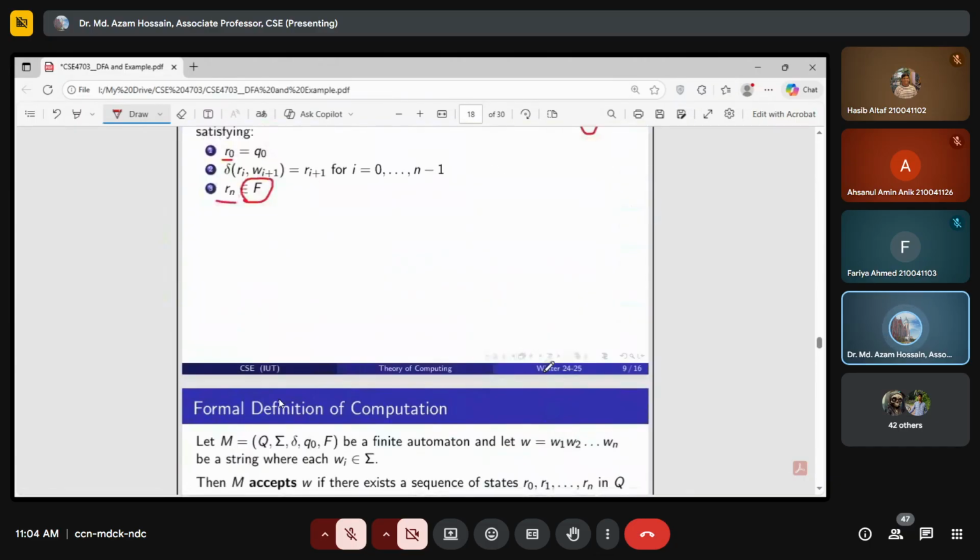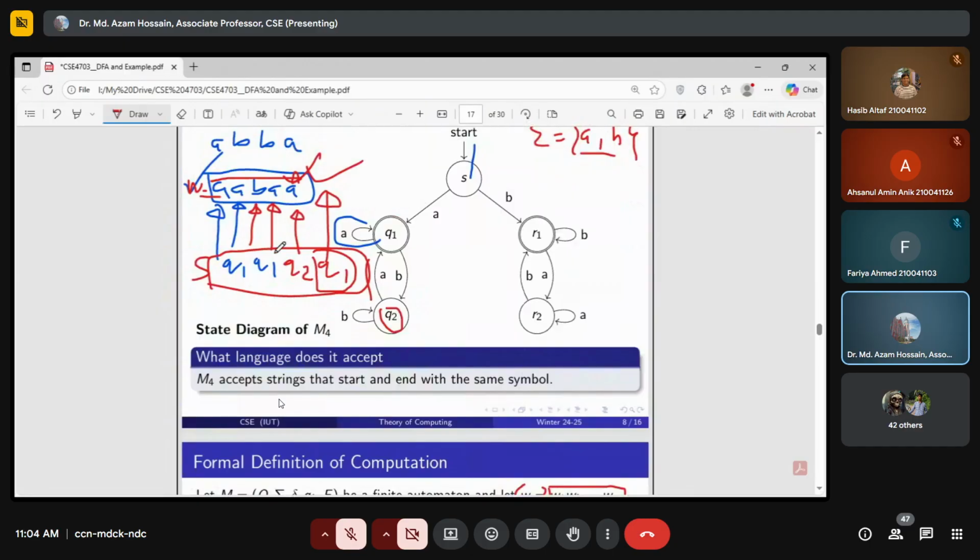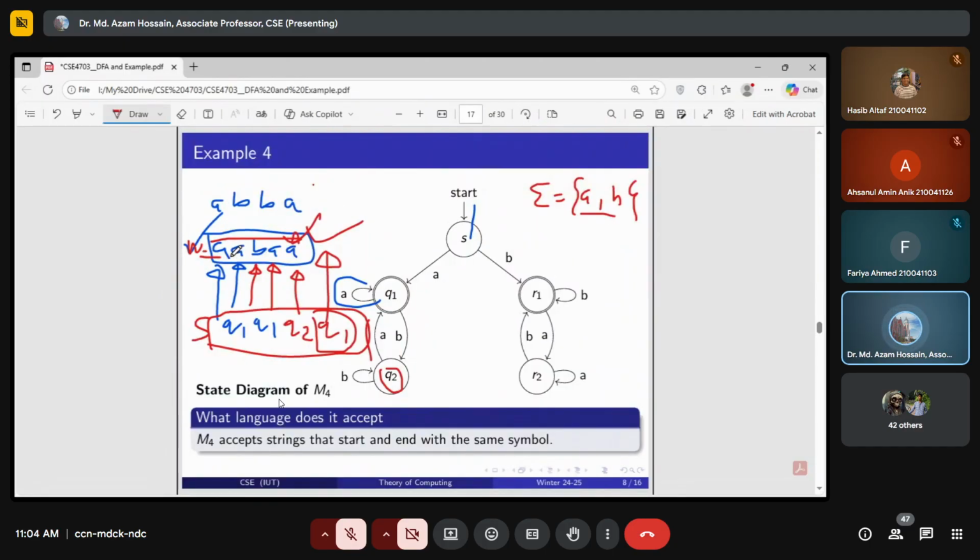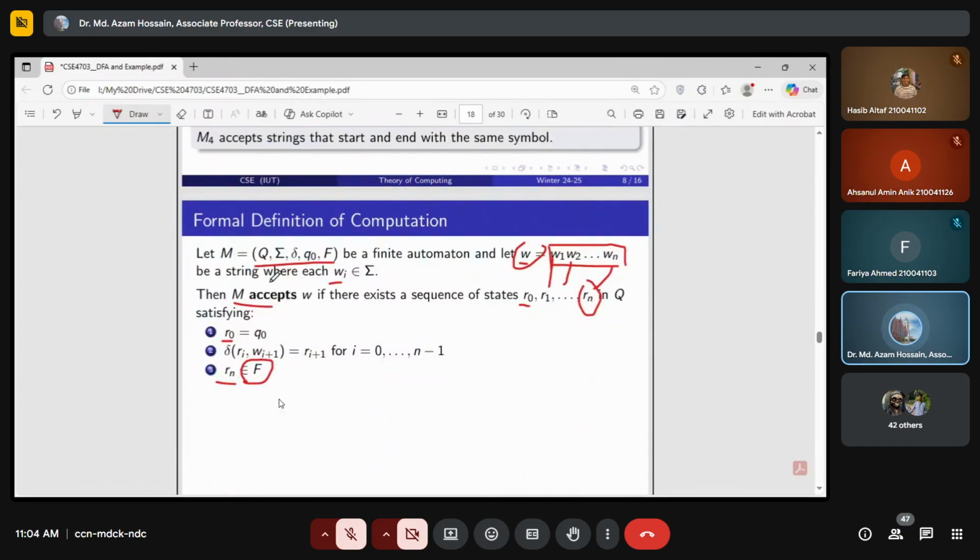Here, computation actually means we are scanning the strings from the start, and we follow the string to the end, and we reach the final state. If we reach a final state, then we call that string accepted by that machine. So that is another term called computation. What computation is actually happening? It is written here in a mathematical format.